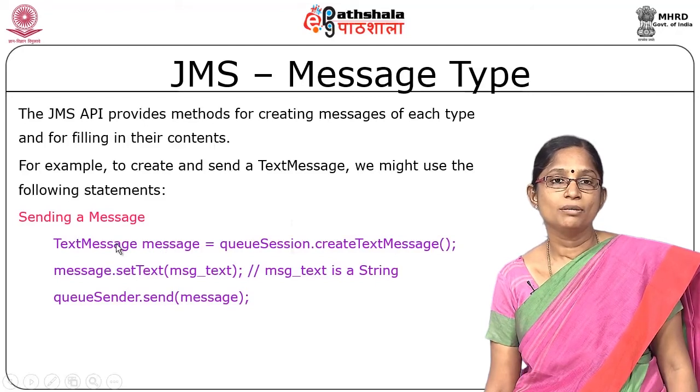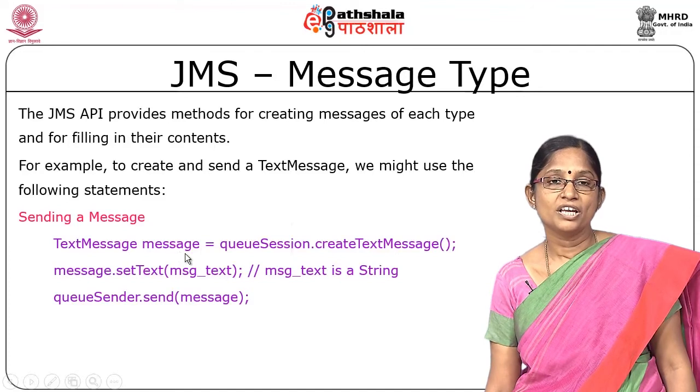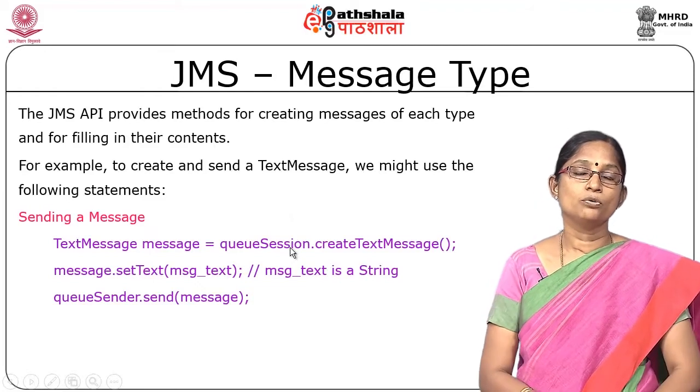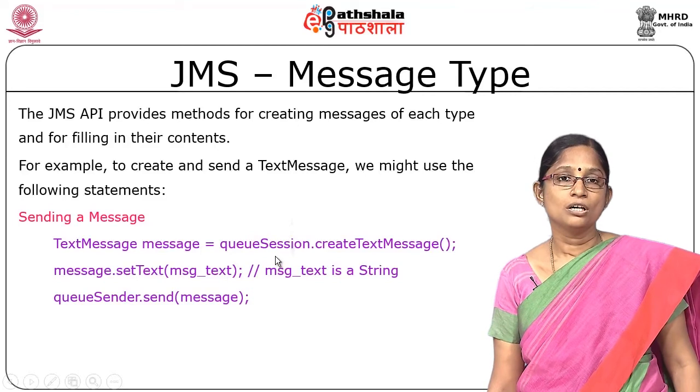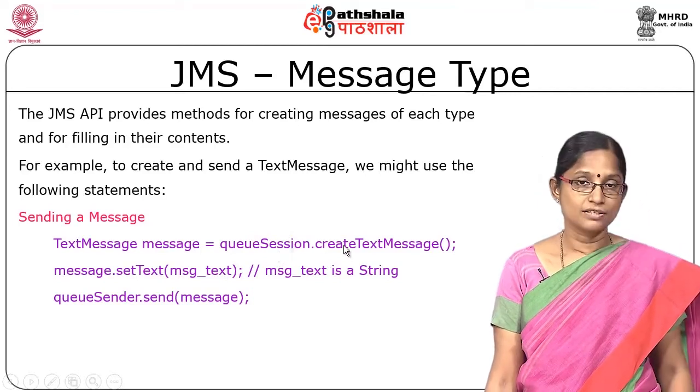The message variable belongs to the class called TextMessage, whereas this message variable should call a method called createTextMessage, which can be invoked only on the session object. Since we are using a queue object here, we are making use of the QueueSession object. Only over the session object we can call the method createTextMessage.